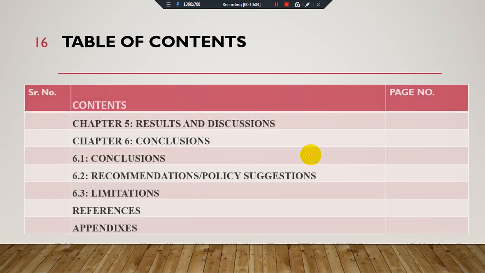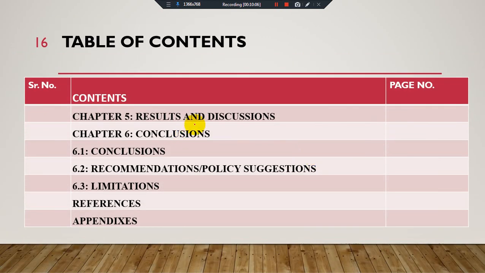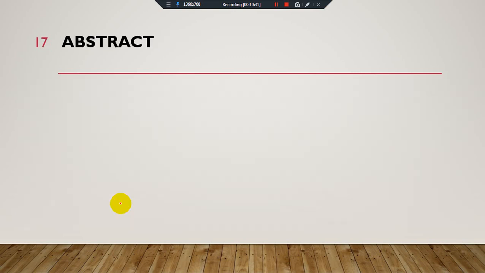And then you have chapter 5, results and discussion, and chapter 6, conclusion. Chapter 6 consists of conclusion, recommendations or policy suggestions, and limitations. And at the end you have references and appendices. This is the table of contents which is suggested by the QEC of the University of Lahore.